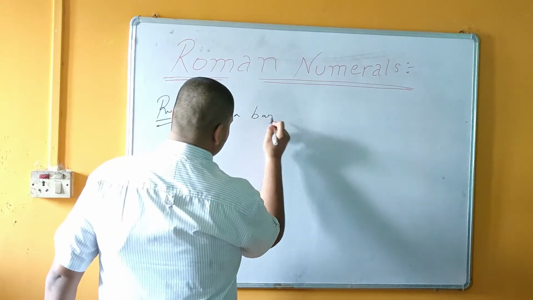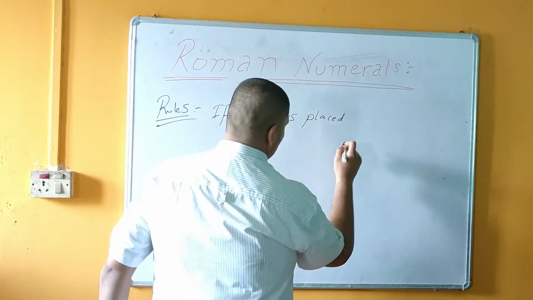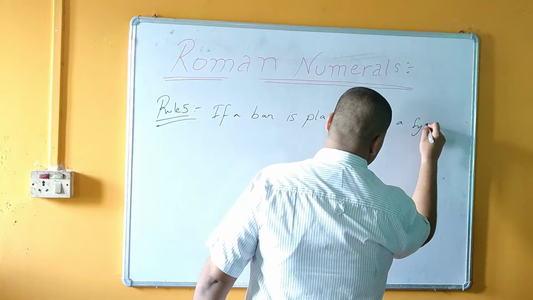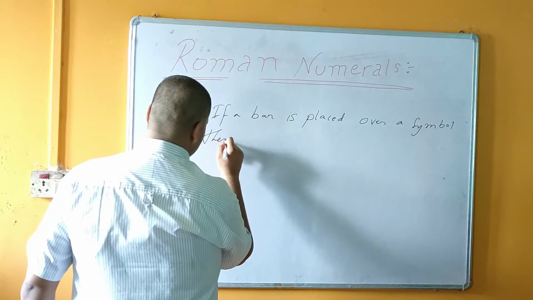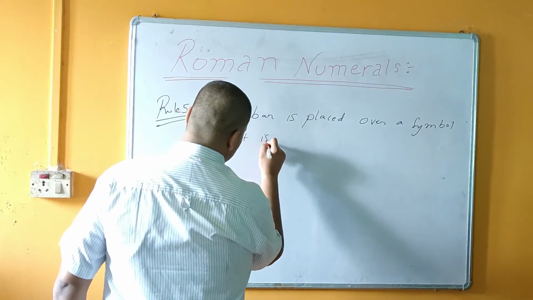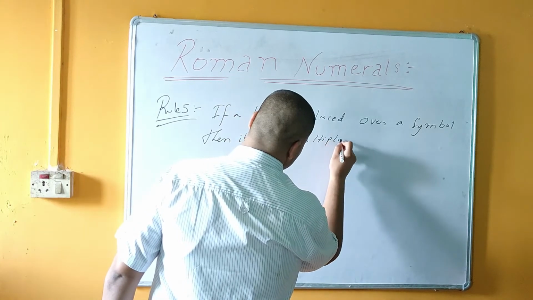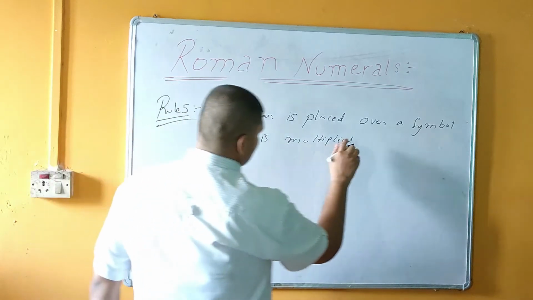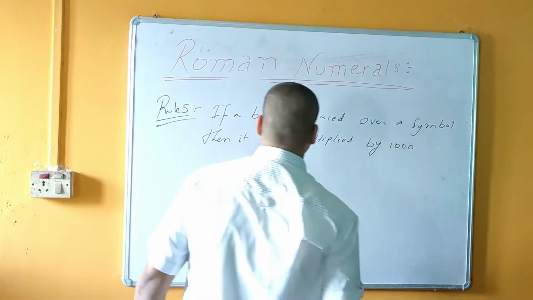bar is placed over a symbol, then it is multiplied, it means the symbol is multiplied by 1000.